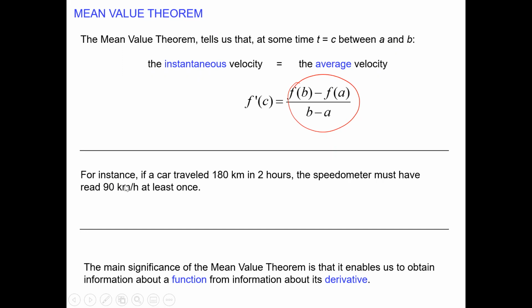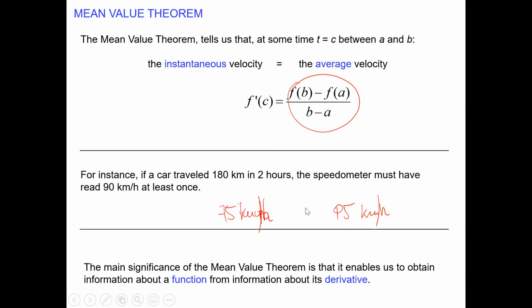We probably drove even more than 90, but at least once, because if we drive at, say, 75 kilometers per hour, and then 95 kilometers per hour, we have to, because of continuity, since we didn't stop, go from 75 to 95 through 90.